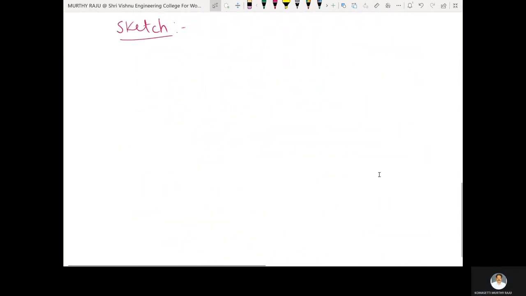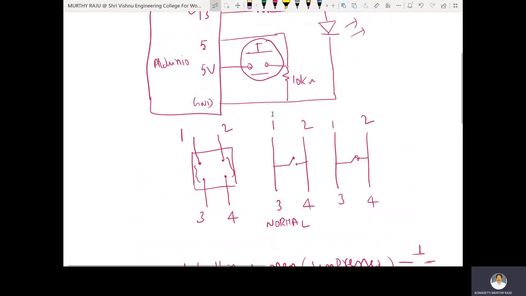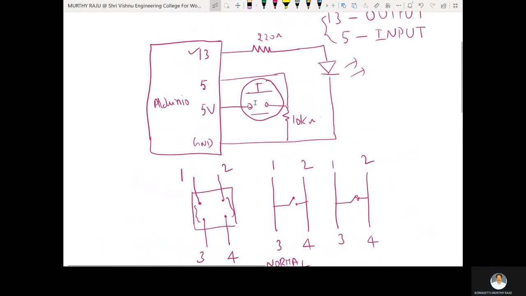Here is the initialization part. Integer push button pin is equal to 5.